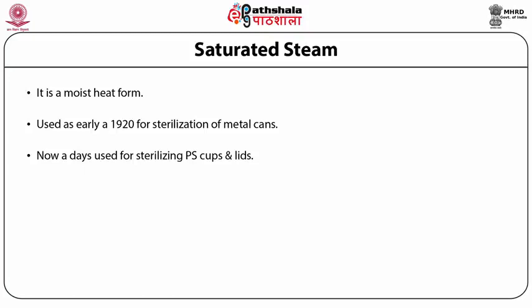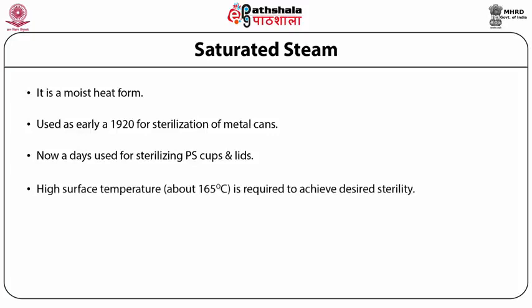The surface temperature of the material must be increased to 135 degrees Celsius. The main problem is to obtain a sufficiently high surface temperature to achieve the required sterility in proper time with consistent high production rates and to avoid softening and deformation of the material.